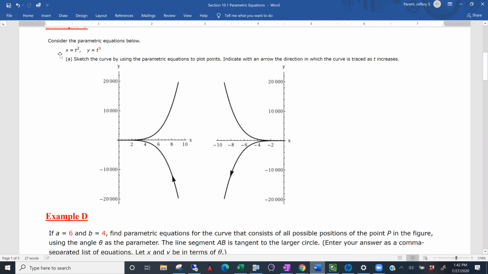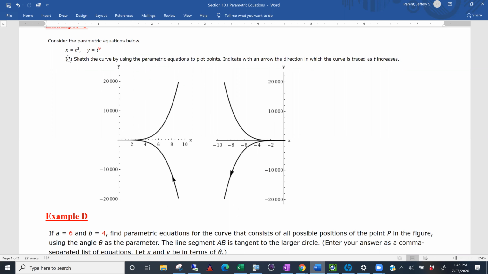So let's put this into our calculator. So this is example C. X equals t squared. Y equals t to the 9th. And let's take note of the window. It looks like I want to go between 0 and 10 on the x-axis, at least for the first one.